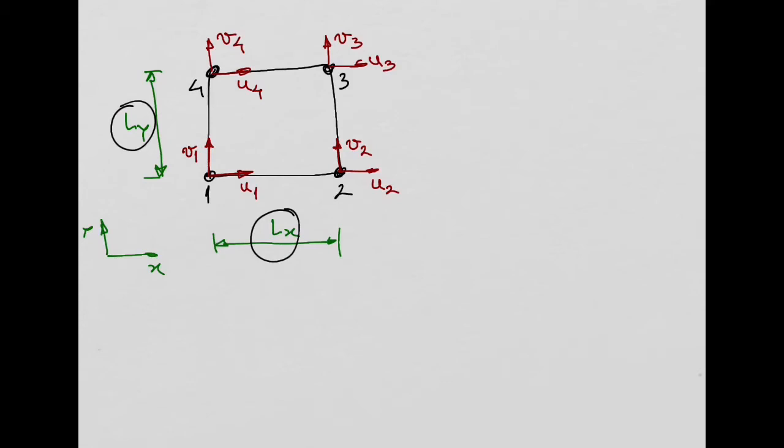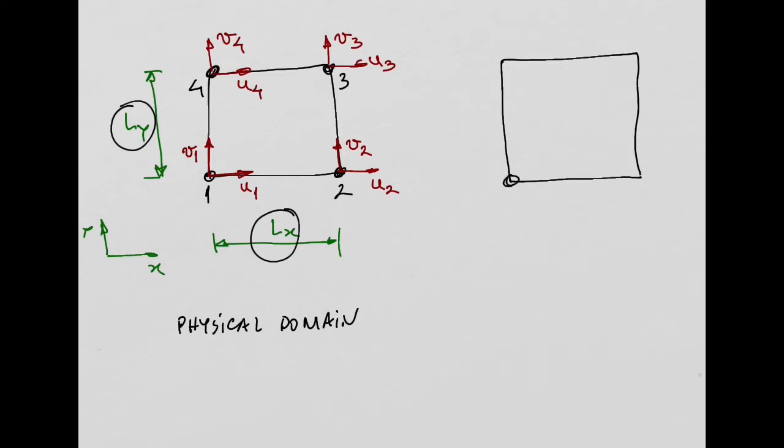So we can say this is a physical domain for the element. And I'm going now to create here the same element with the same 4 nodes.